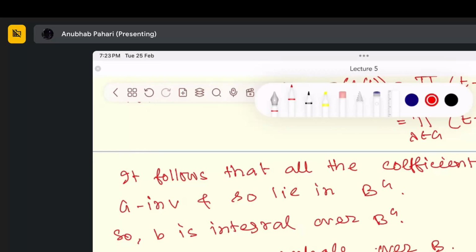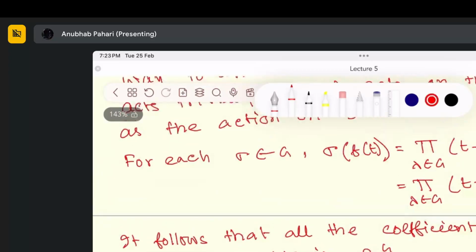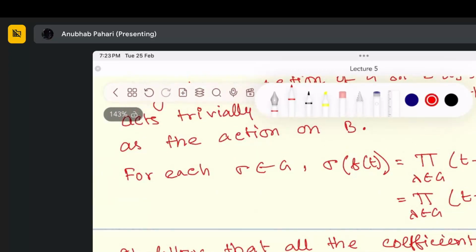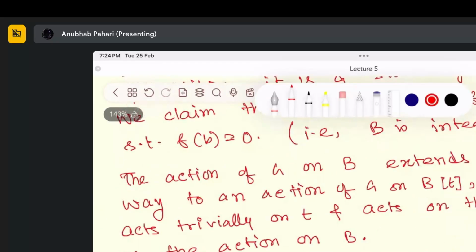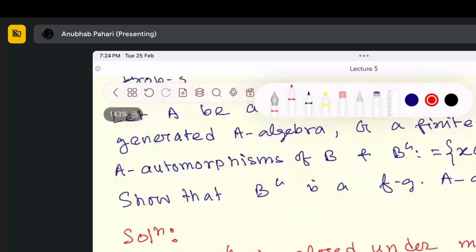From that we showed that B^G is a sub-algebra, that means it is a subring and also closed under multiplication.